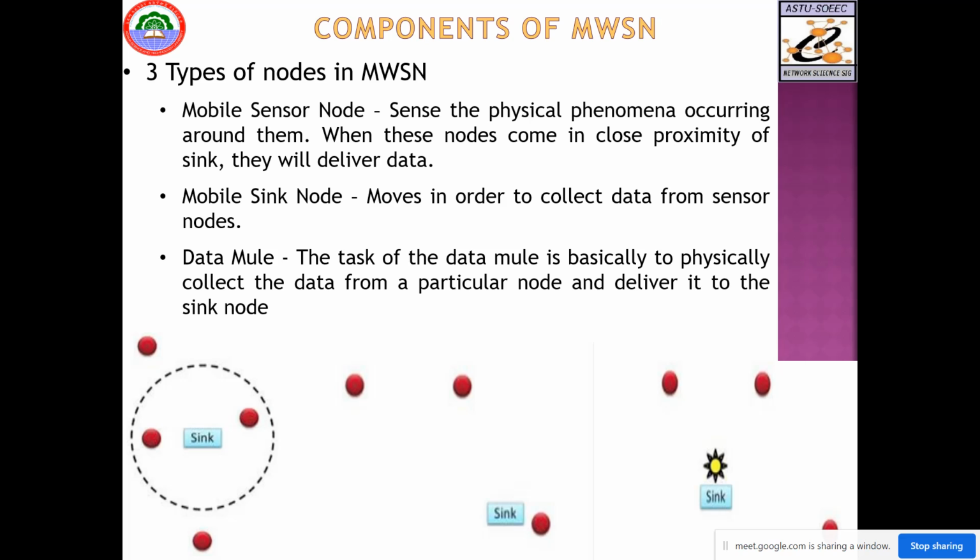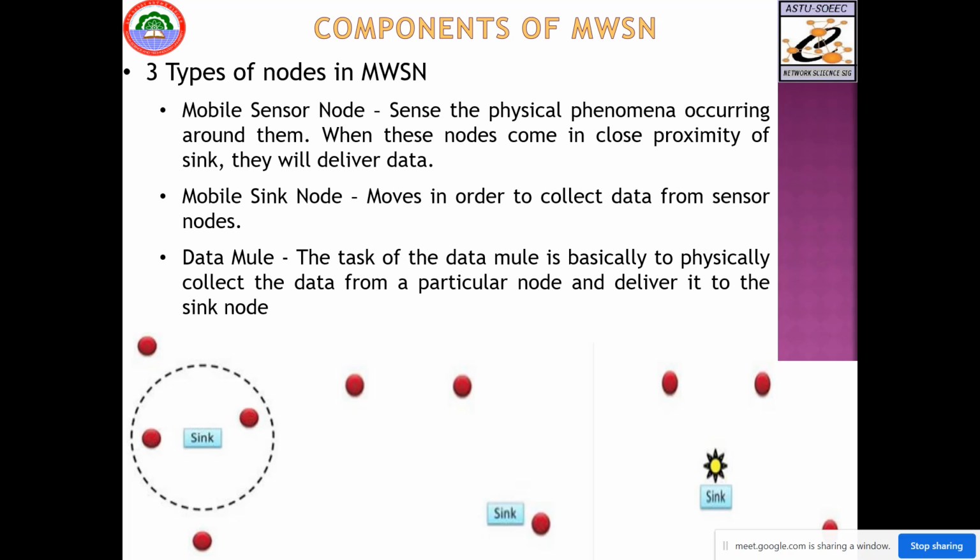When these nodes come close to the sink node, the mobile sensor nodes are capable of sensing that data. The sink node simply moves around the network to collect the information sensed by the sensor nodes.